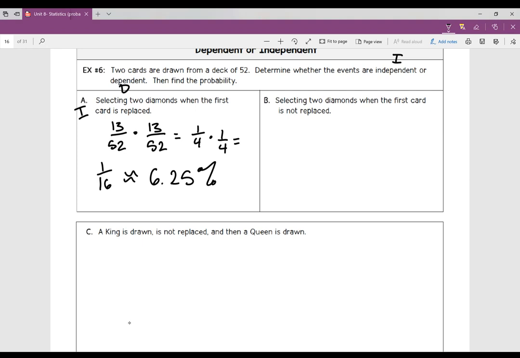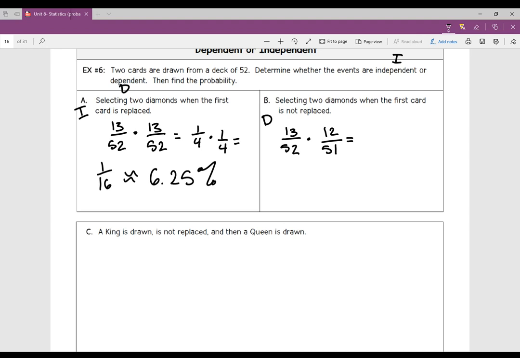Okay, what's the probability of selecting 2 diamonds when the first card is not replaced? So this one is, in fact, dependent because we're changing the amount that it's out of. So I have 13/52 for the first one. And then I'm going to be multiplying by 12 out of 51. Because all of a sudden there's one less card, there's one less diamond, and there's one less card in the deck. So I have to do this in a calculator. So I'm going to do 13 times 12.